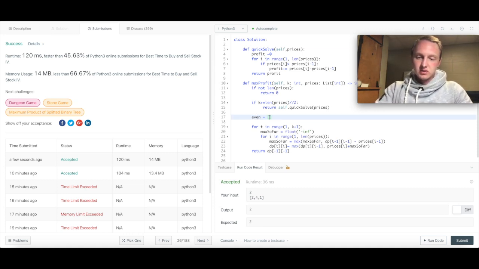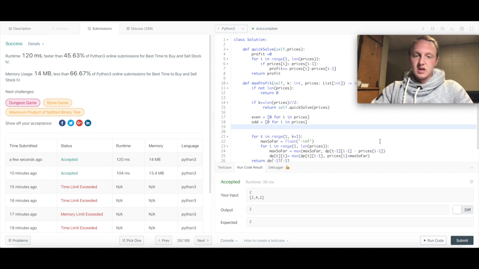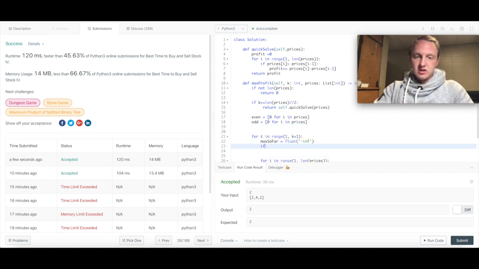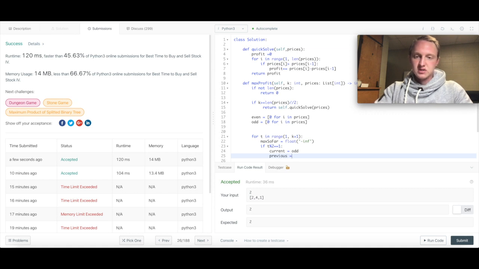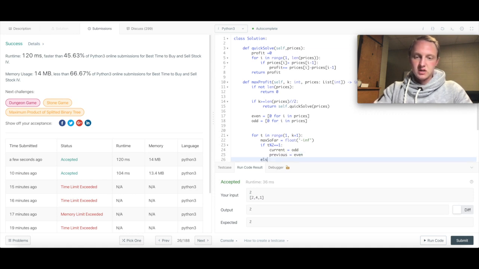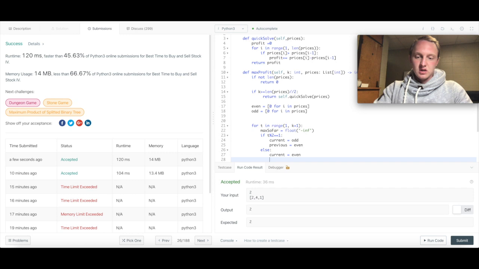Even equals to 0 for i in prices, odd equals 0 for i in prices. And in here, if t divided by 2 equals to 1, we're doing current equals to odd, and previous equals to even, and else is current equals to even, and previous equals to odd.